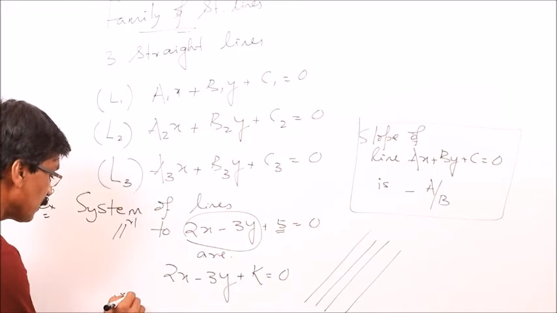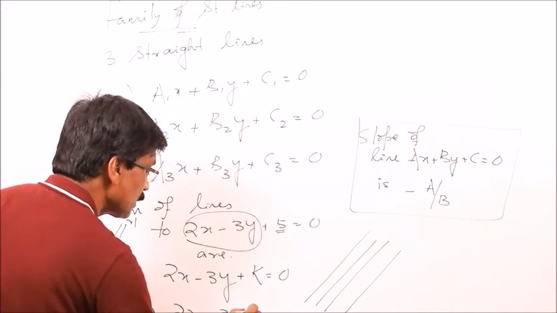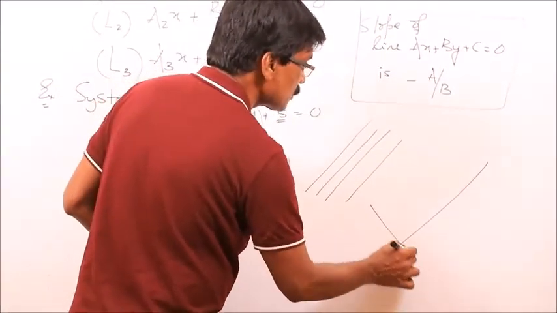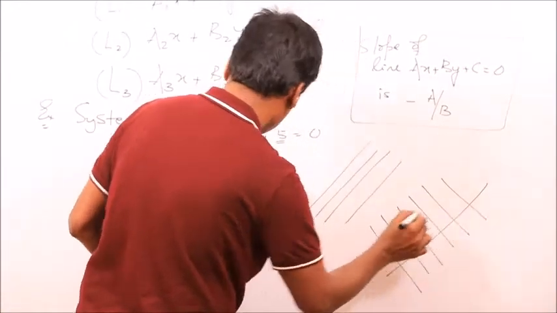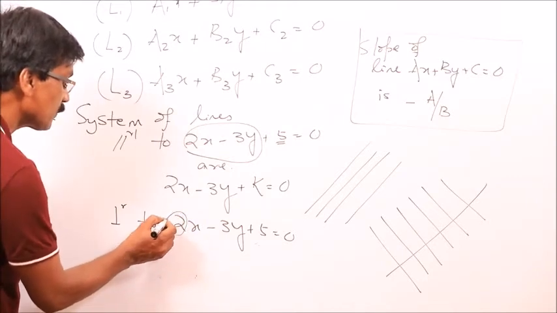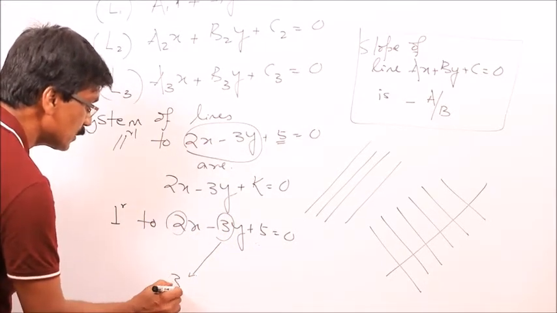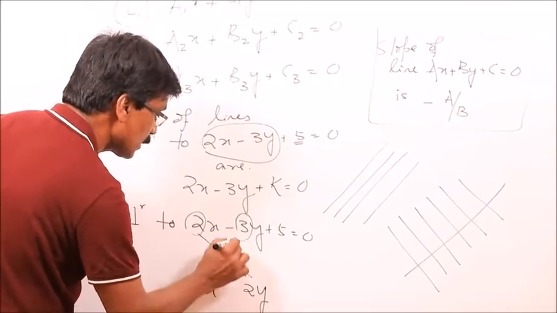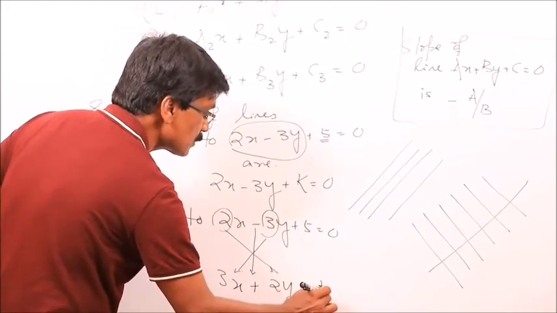And perpendicular to 2x minus 3y plus 5 is equal to 0. So system of lines which is perpendicular to a given line. Here we interchange the coefficients of x and y, that is 3x, 2y, and change its sign, minus to plus, k is equal to 0.